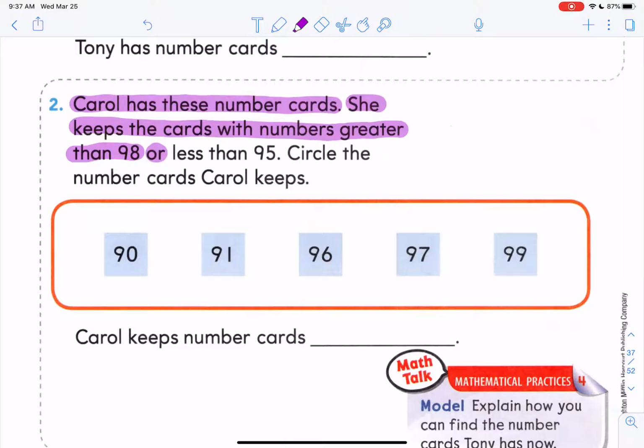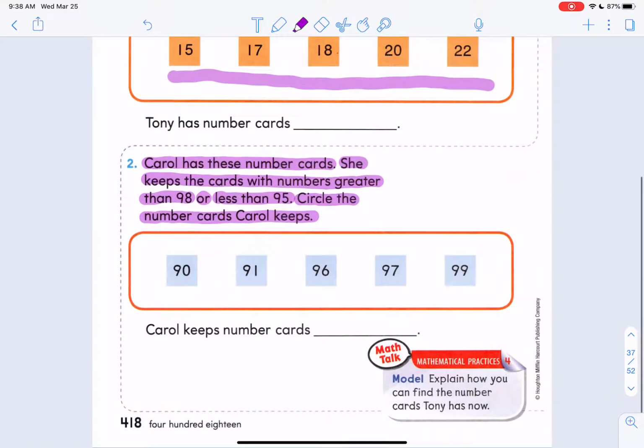So she's also going to keep the cards that are less than 95. And then what they want you to do, circle the number cards Carol keeps. So this is different. This isn't what she's giving away. They want to know, what does she keep? Let's take a look.